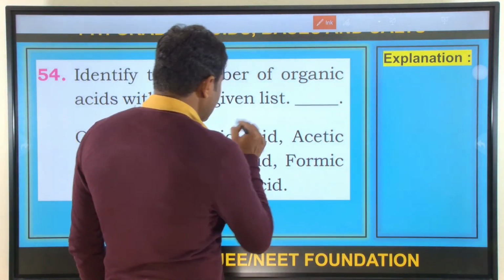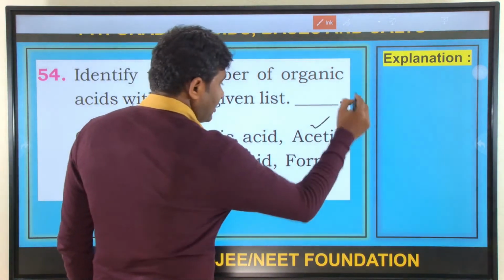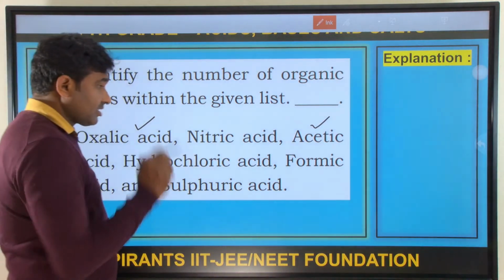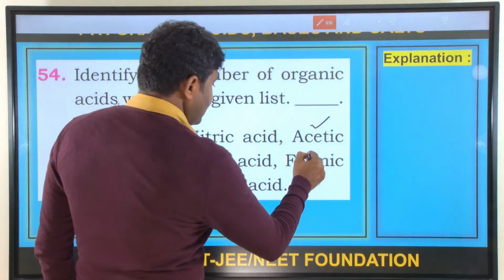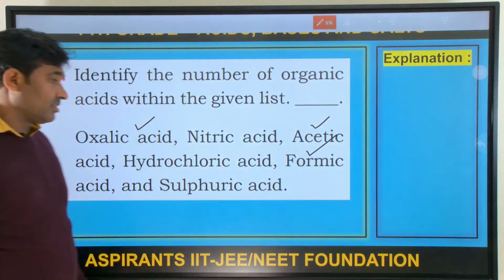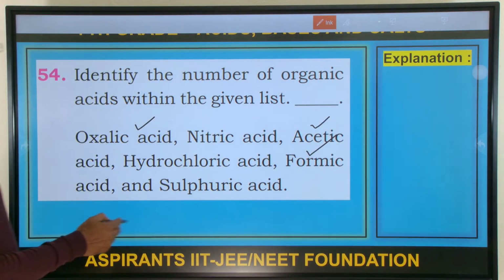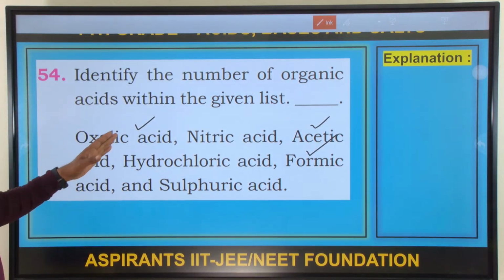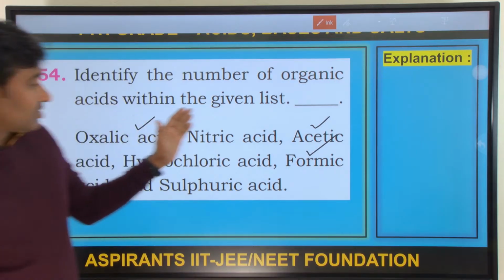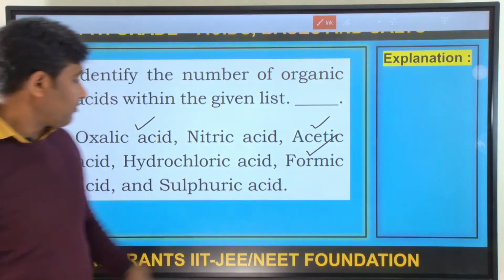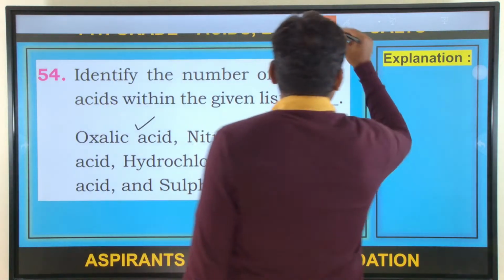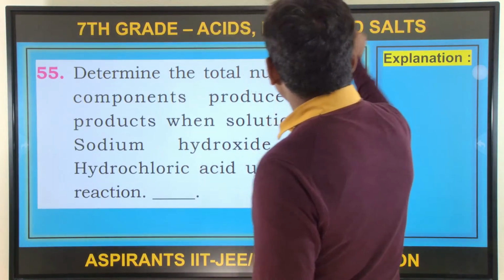Nitric acid is a mineral acid. Acetic acid is an organic acid, which occurs in vinegar. Hydrochloric acid is a mineral acid. Formic acid is an organic acid, which occurs in red ants. And sulfuric acid is a mineral acid. So here three organic acids are there: oxalic acid, acetic acid and formic acid. So our answer is 3. Then we go to the next question.